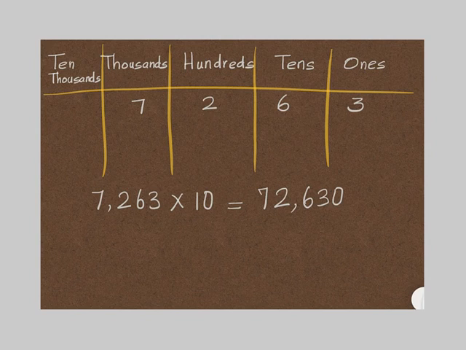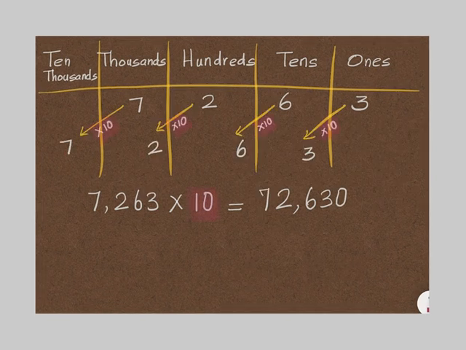This is a place value chart for multiplication. Ones, tens, hundreds, thousands, and 10,000s. So this shows how the digits move to the next column when it is multiplied by 10.